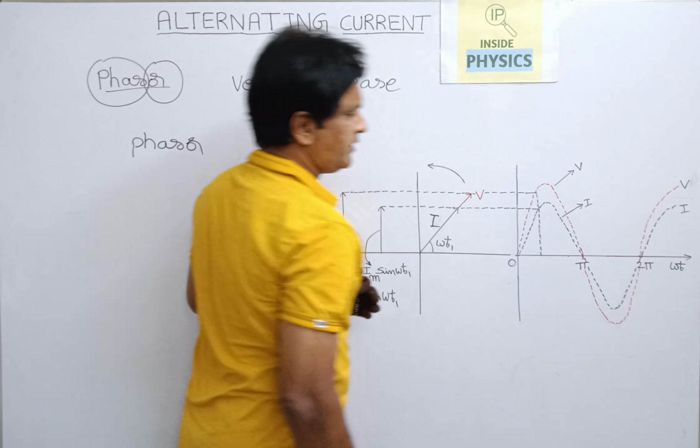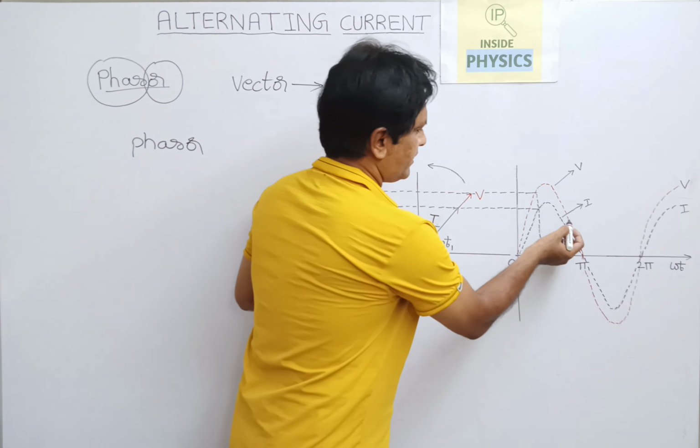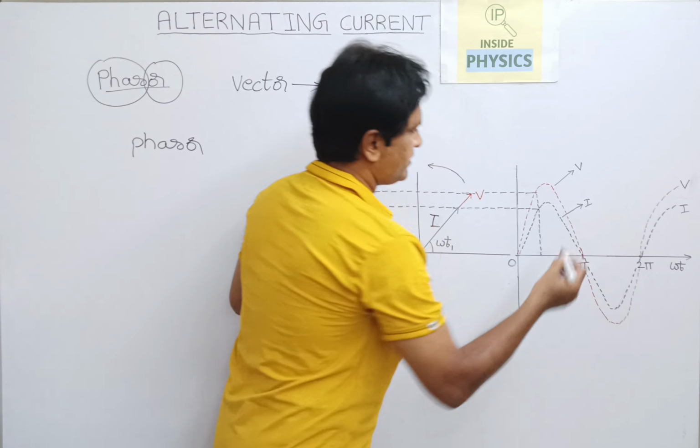This omega t is nothing but the phase at any instant, and here the current is shown in black dotted lines and the voltage is shown in red dotted lines.